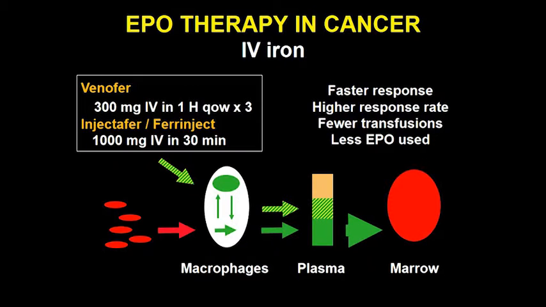Two products are available in Europe: Injectafer or ferinject, depending on the country, and the recommended dose is 1 gram in 30 minutes. Then it is transferred to macrophages, then to plasma, and makes saturation more efficient, and the bone marrow is stimulated by EPO more efficiently, which makes it possible to reduce the dose.